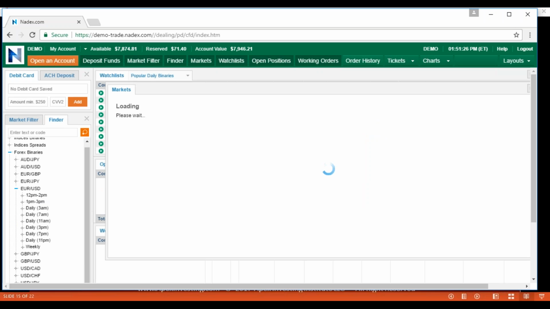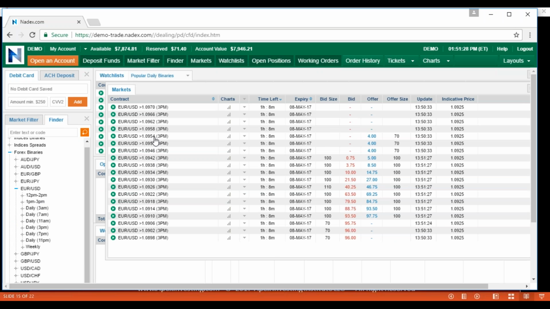What about hourly or the intraday? How wide are these? 4 ticks. So 5-minute binaries, only 2 ticks. Oh, wait a minute. Hourly are 4 ticks. There's a difference there, right?